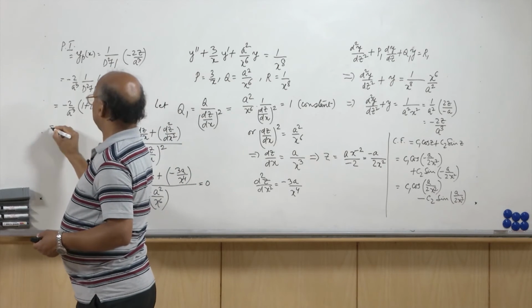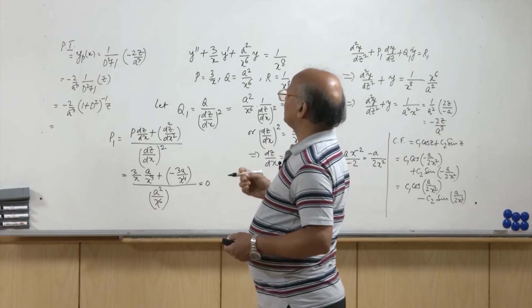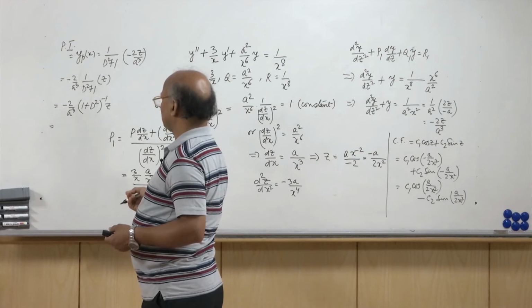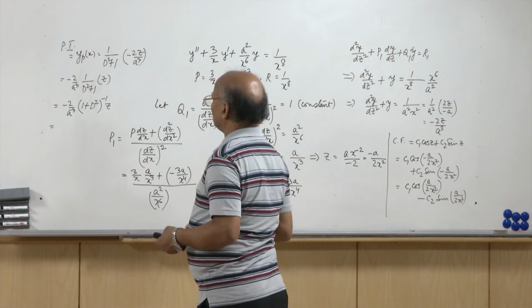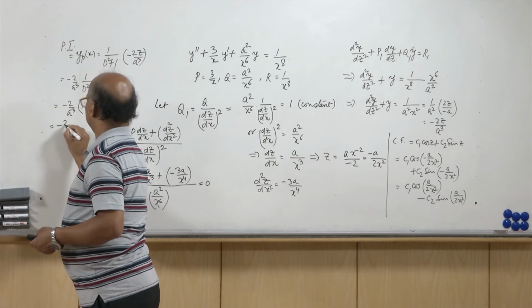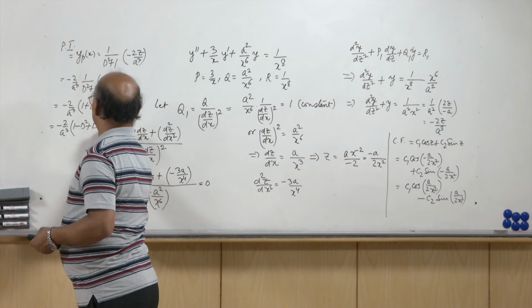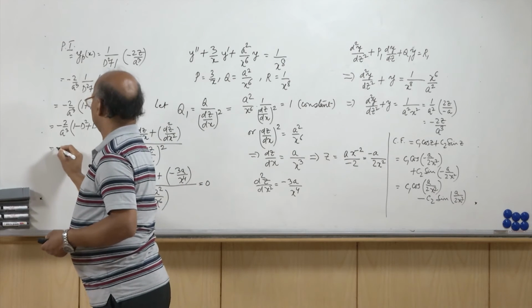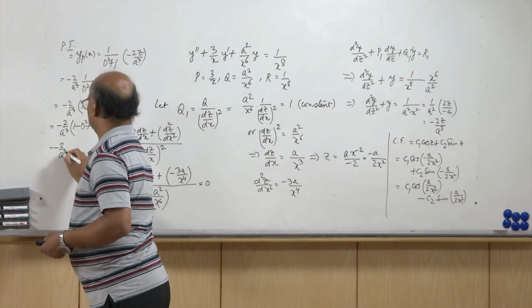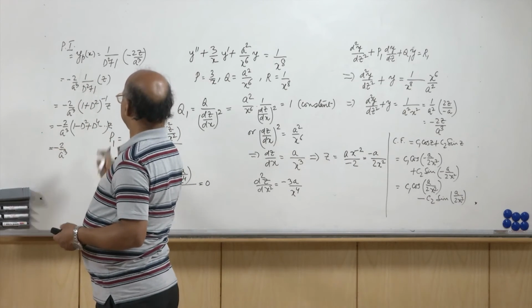When we write the binomial expansion for this, we shall have 1 minus d square plus d4 minus d6 and so on, but the second derivative of z is 0. So we will get minus 2 by a cube, 1 minus d square plus d4 and so on operating on z, which will give minus 2 by a cube, with d square z, d4 z all being 0.